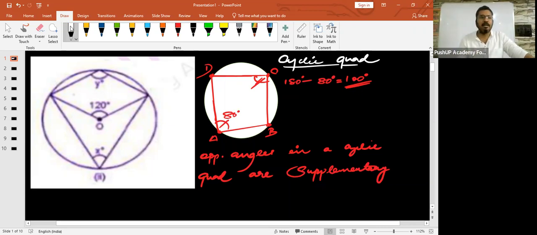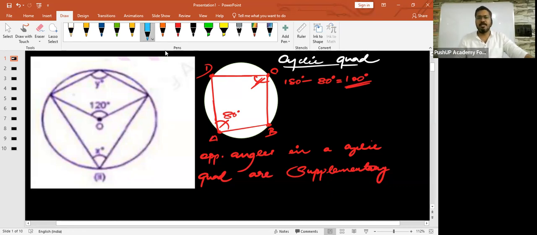If the sum of the angles is equal to 90 degrees, then you call both the angles complementary to each other. Okay, remember this. All right. So here, always remember in a cyclic quadrilateral, the sum of the two opposite interior angles will always be equal to 180 degrees.